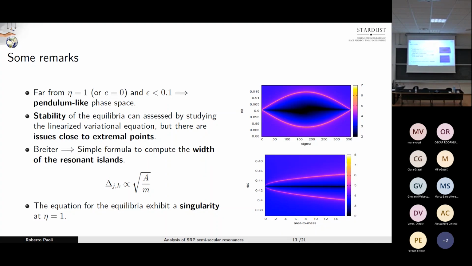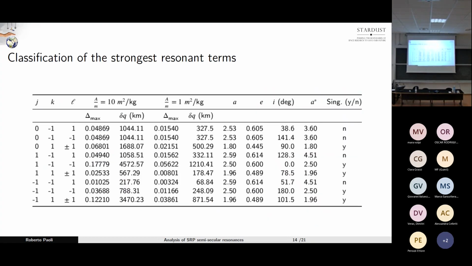And we remark that the equations for the equilibrium exhibit a singularity at eta equal 1, and this is going to be really interesting in the following. But first, using the formulas for the amplitude by Greiter, it's easy to obtain some insight into which resonance is the strongest.